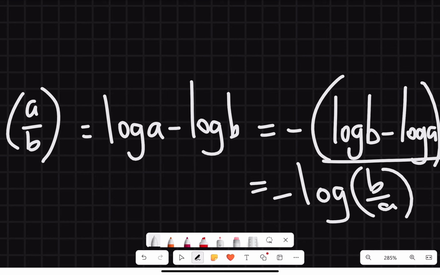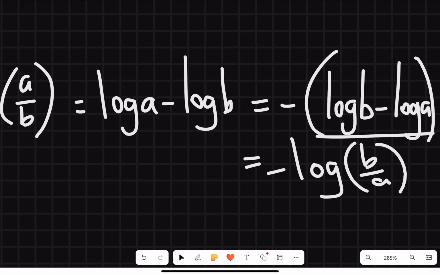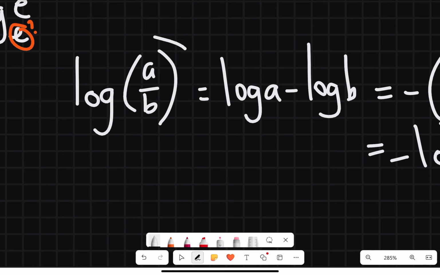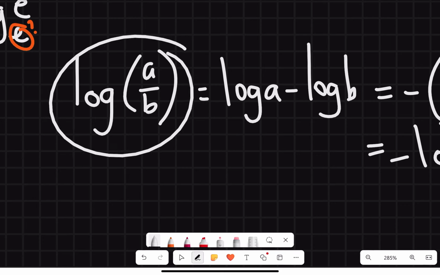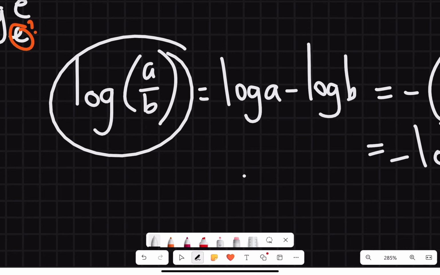If you compare this one and this one, you can see that basically what we did here is this. When we introduce a negative, we have log and then we flip the index, we reciprocate the index of the log.